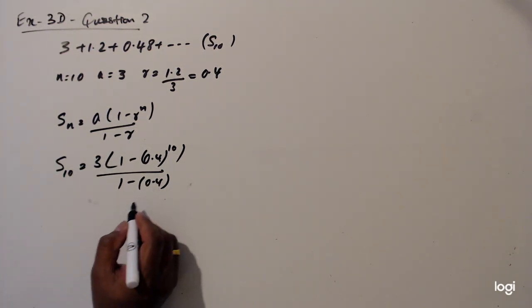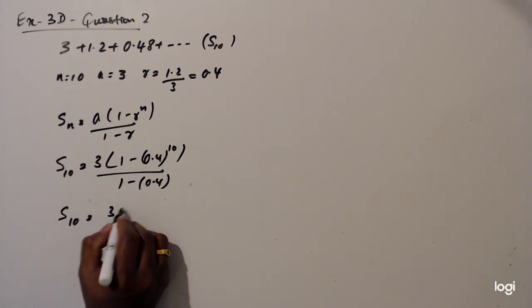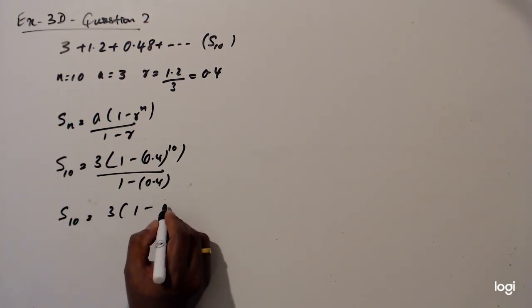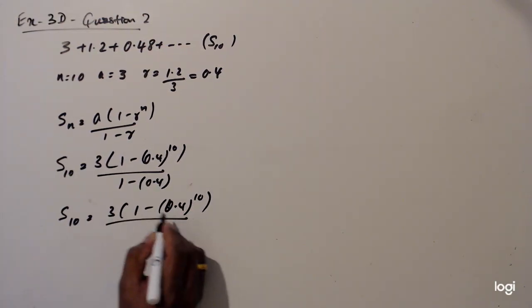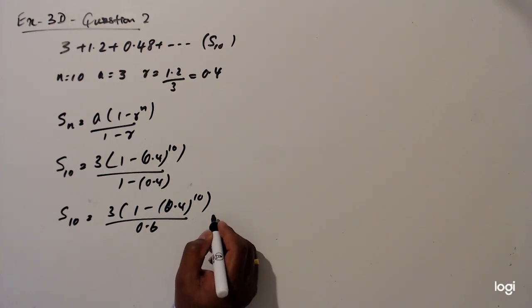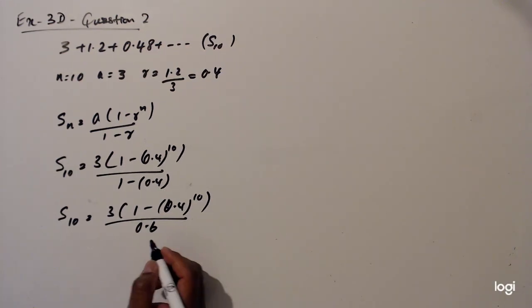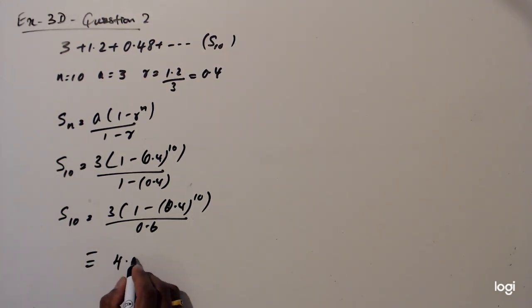So this is going to be S10 equals 3 times (1 minus 0.4 to the power 10) divided by, this is going to be 0.6, and you will get the calculation as 4.999 approximately.